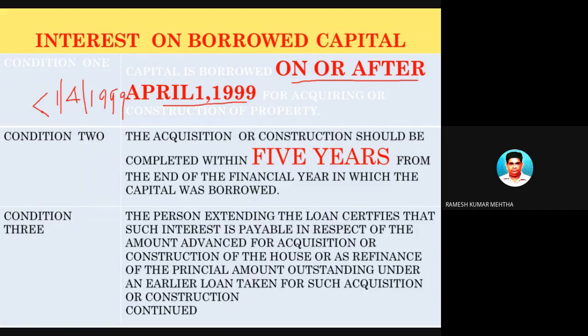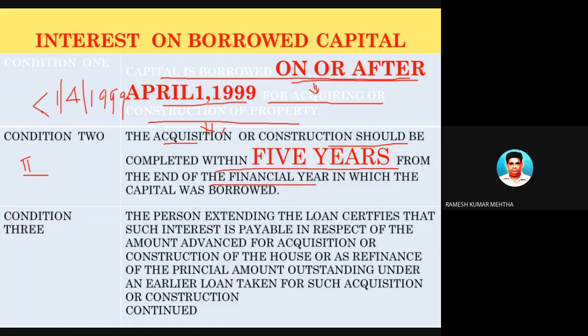So capital is borrowed on or after 1/4/1999 for acquiring or construction of the house property, not for reconstruction or repair of the house property. It should be purely for acquiring or purchasing or construction of the house property.